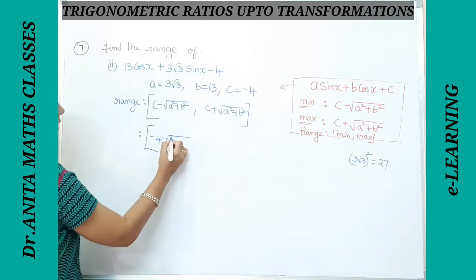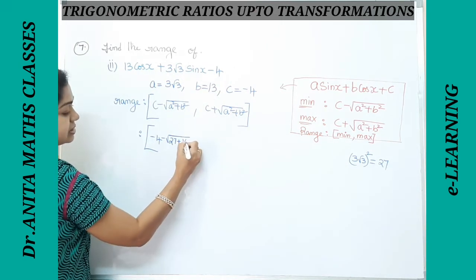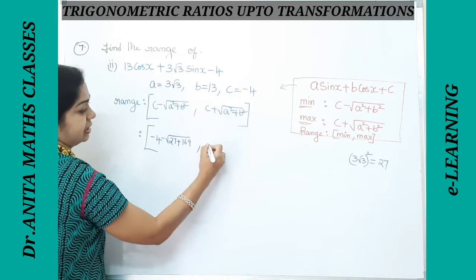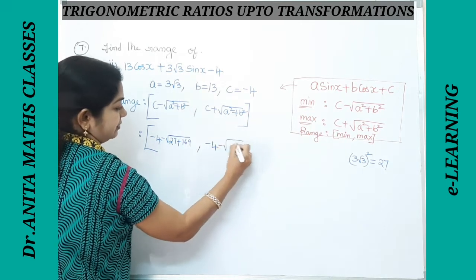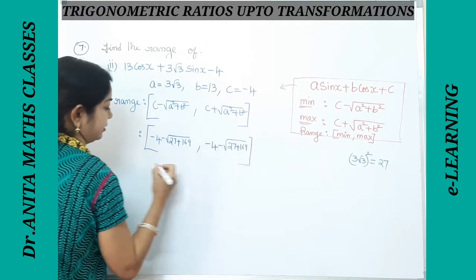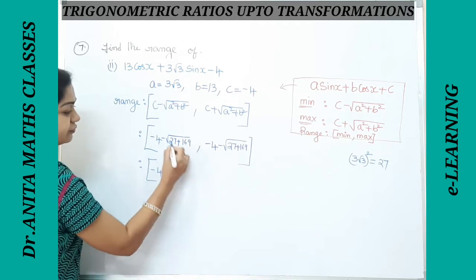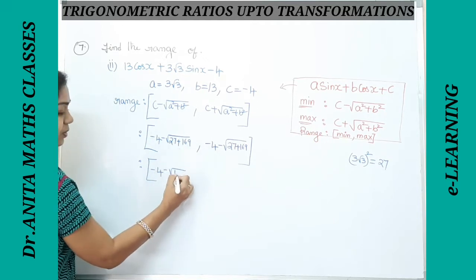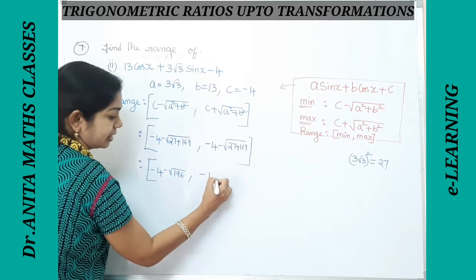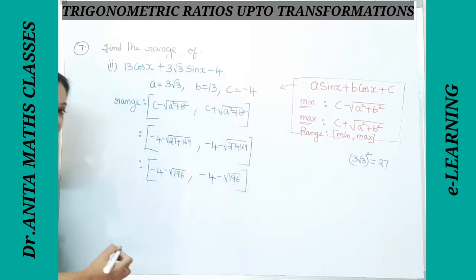Here 27 is a square, plus b square is 13 square, 169, and c is minus 4 plus the same 27 plus 169. So minus 4 minus of this comes to 169 plus 27 is 196. Again minus 4 minus under root of 196. Root of 196 is 14.